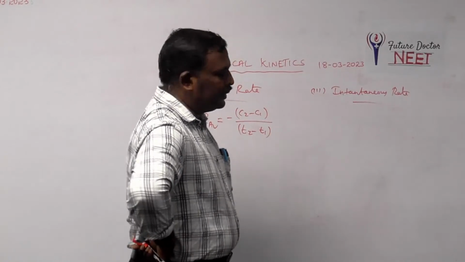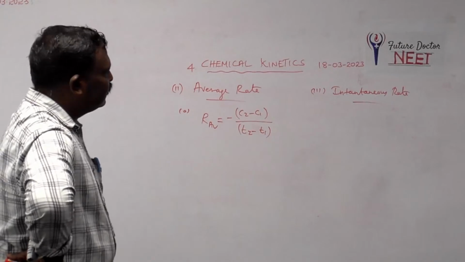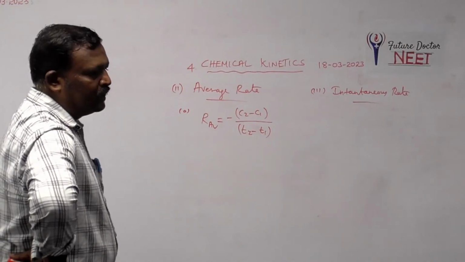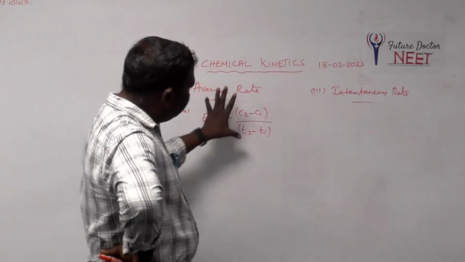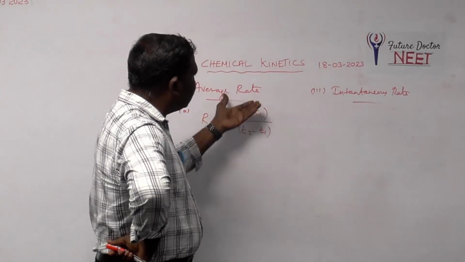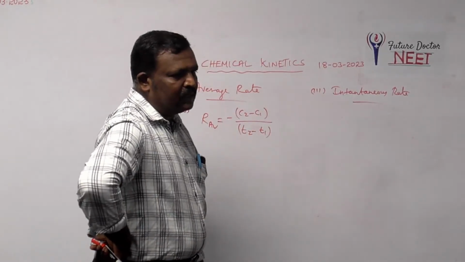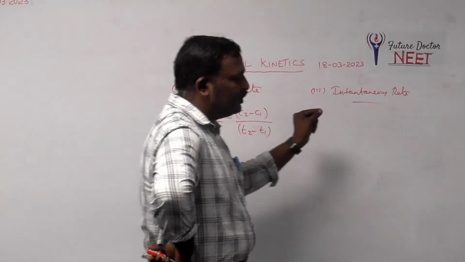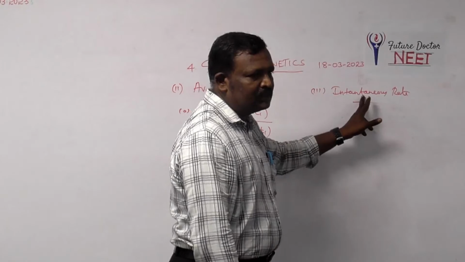I told you, at 11:10, what's the rate of reaction? Here we are not calculating during the interval, only at a particular moment. That's called instantaneous rate. Understood? At a particular moment, if you want to find out how much speed the reaction is going on, that's called instantaneous rate.